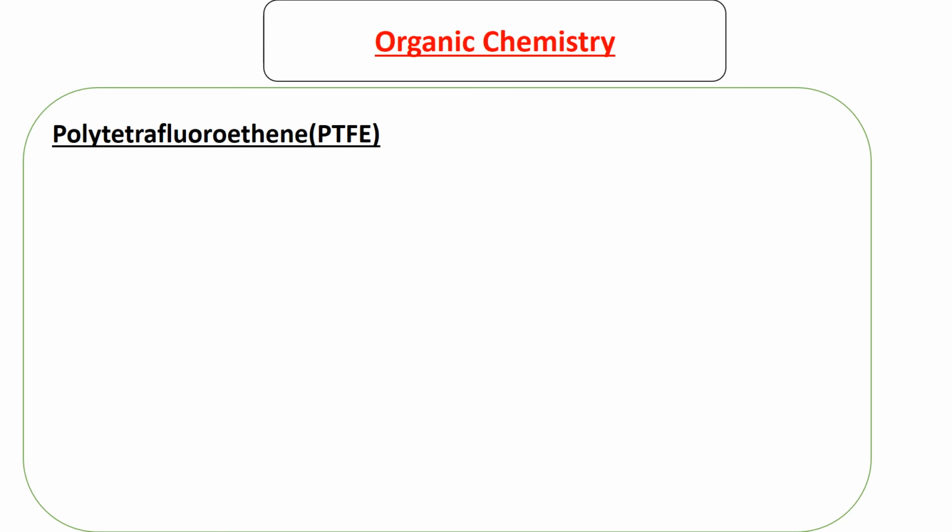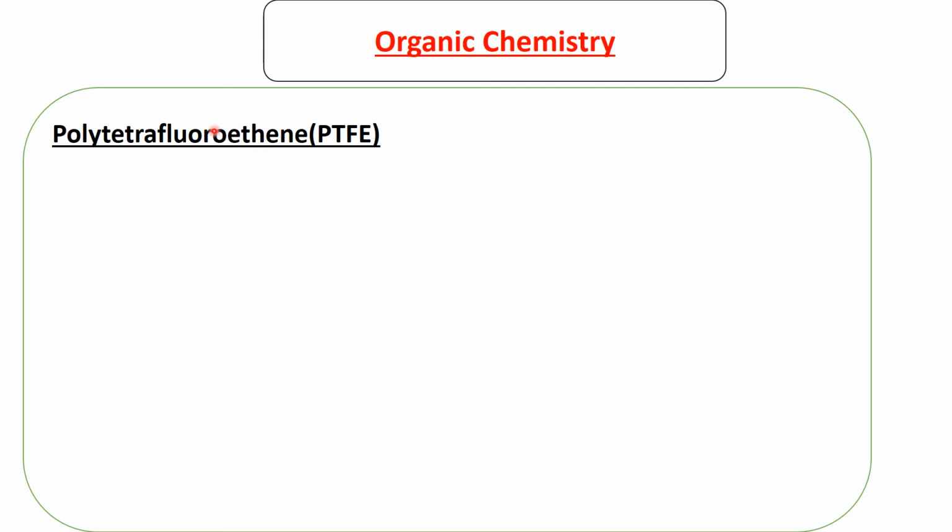So we are going to use what we learned in naming organic compounds. We can start with the last word, which is ethene. This ethene shows that the longest chain of carbon atoms is just like that of ethene, which is 2. So it has 2 carbon atoms.